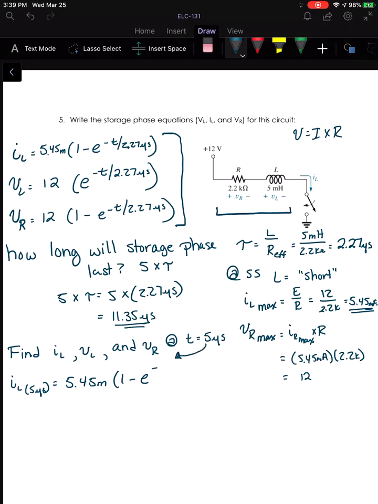You'll put this right into t, okay? So 5 microseconds over 2.27 microseconds, and then we'll calculate that. Okay, so try plugging that into your calculator. And make sure you don't forget the negative sign there.